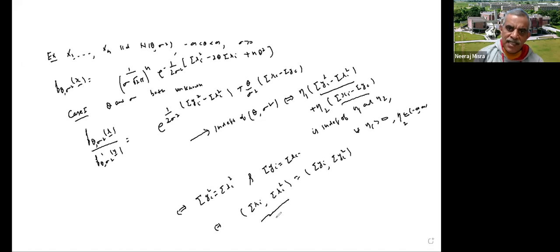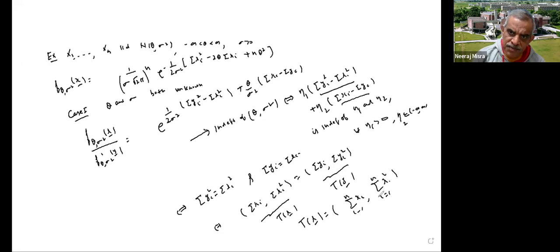So I can take this as T(x), this as T(y): T based on a sample y, T based on a sample x. And what is the function T? Its first coordinate is the sum of all the observations. Second is the sum of squares of the second order. This is minimal sufficient.